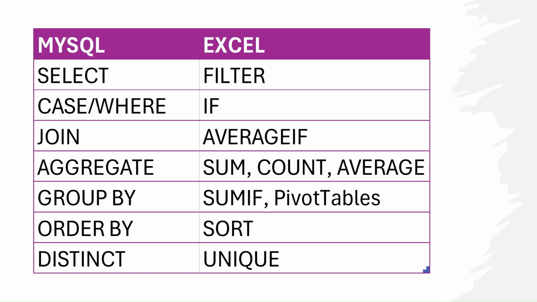Aggregate in MySQL is the same as sum, count, and average; we call them aggregate functions. Then we have group by, which in Excel is SUMIF, and of course you can use the pivot table when you have more complex data. Then order by and sort in Excel, and distinct and unique.